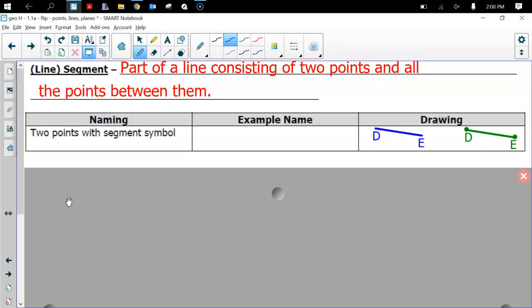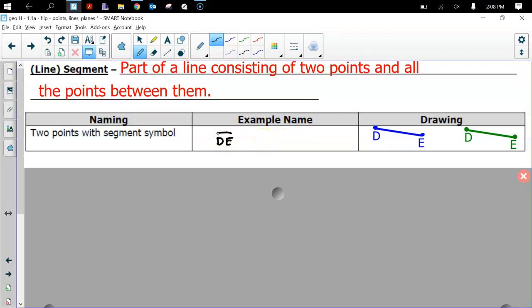Okay, so we have some examples on the right. Sometimes the points are drawn, sometimes they're not drawn, but if you see something like this, you can assume D and E represent points because they're capitalized. So the example name for either one of those situations is you would name it with 2 points with a segment symbol above, because we don't want to confuse ourselves by thinking we're talking about a line.